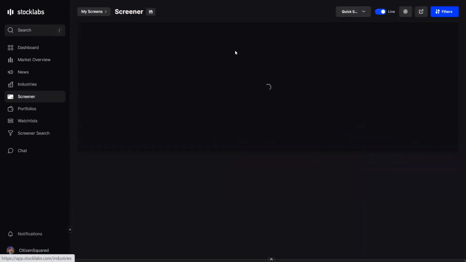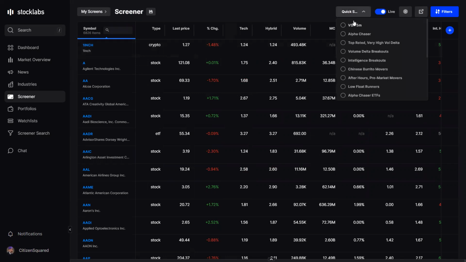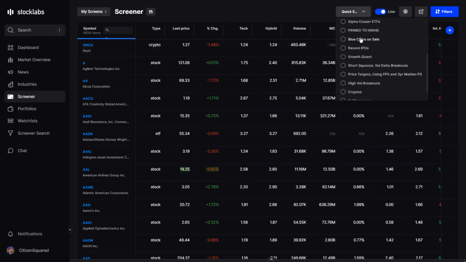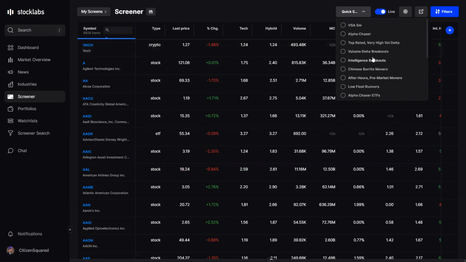Okay, screener. This, next to the market overview, you'll use the most probably day to day, just for finding ideas. We have some ready-made screens here. Fly made these. He uses most of these all the time. So people are always wondering, how does Fly find trades, or where did he even get this from?